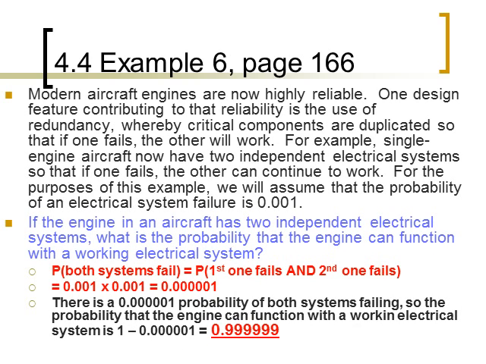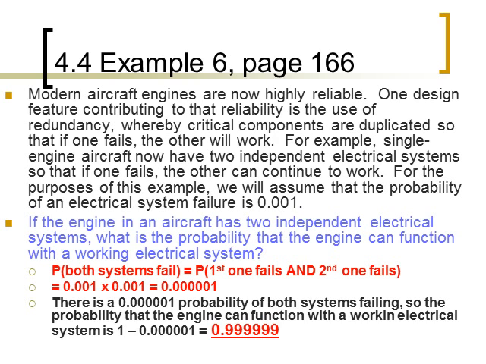Here's our next question. If the engine in an aircraft has 2 independent electrical systems, what is the probability that the engine can function with a working electrical system? So the probability that both systems fail would be the probability that the first one fails and the second one fails. So let's find out what that would be.